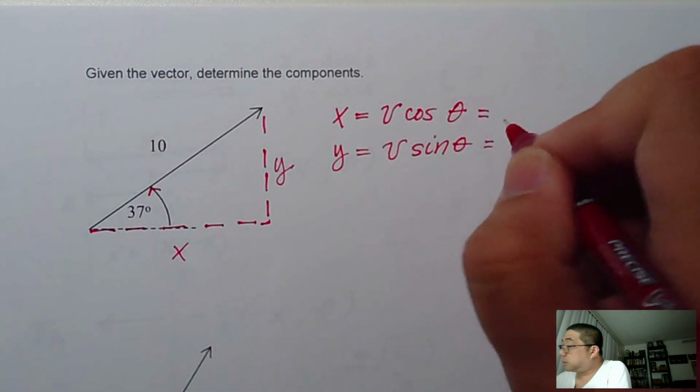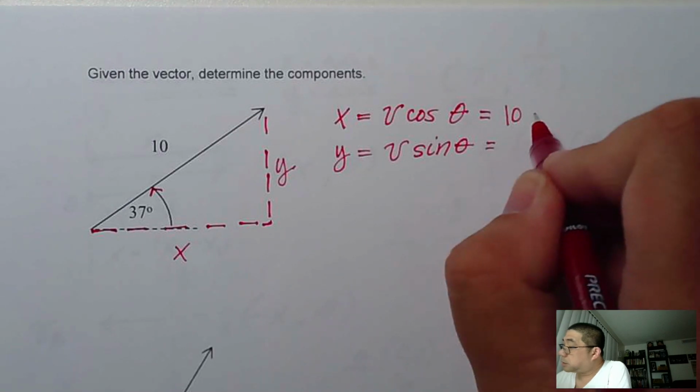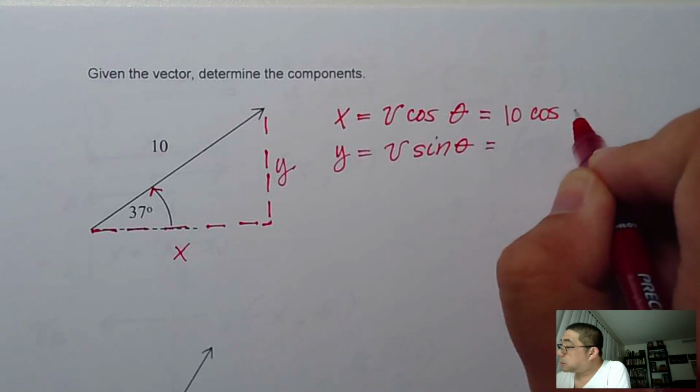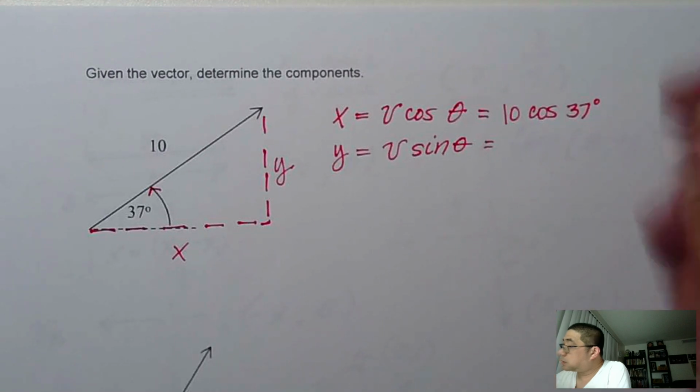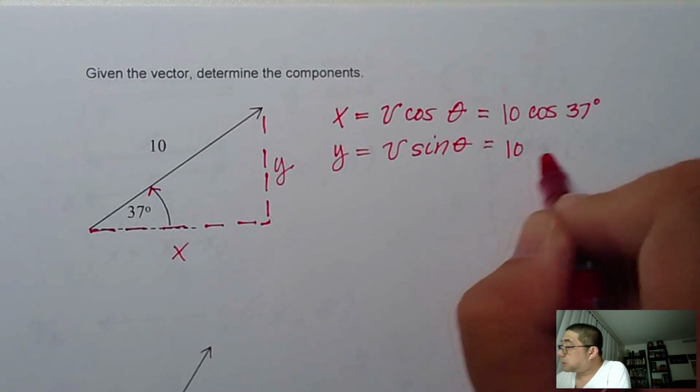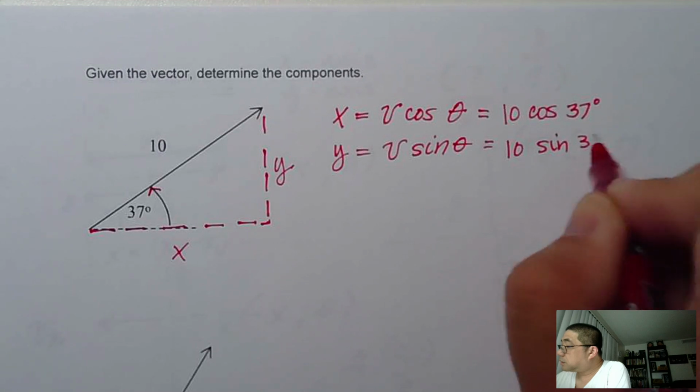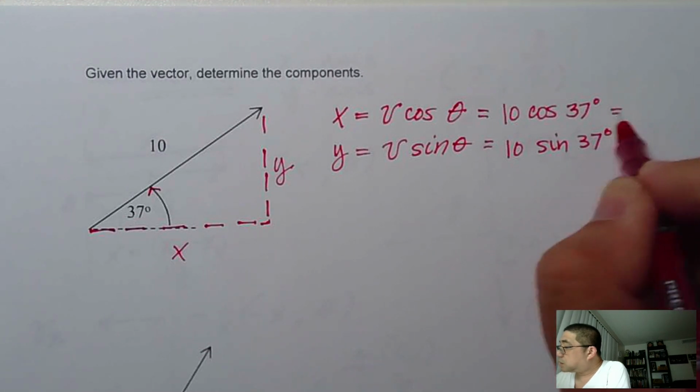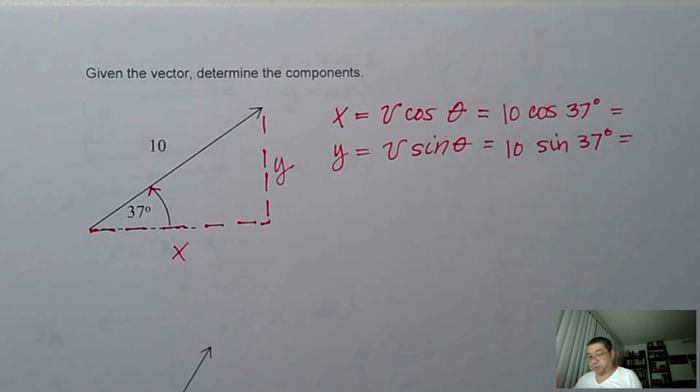So let's plug in the values, which is 10 cosine of 37 degrees, and then the other one is 10 sine 37 degrees. This one is very simple. All you have to do is just use your calculator and simplify it. Okay, so let me use my calculator.